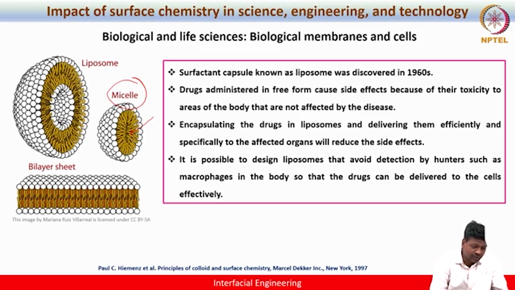Then liposomes are also called surfactant capsules. This was discovered way back in 1960. Both liposome and bilayer sheet are actually bilayer structures. They self-assemble to form a bilayer assembly, whereas in liposome this is spherical in shape, and the bilayer sheet is sometimes cylindrical or rectangular.